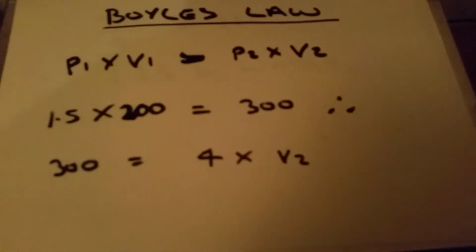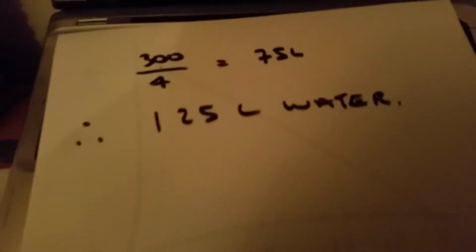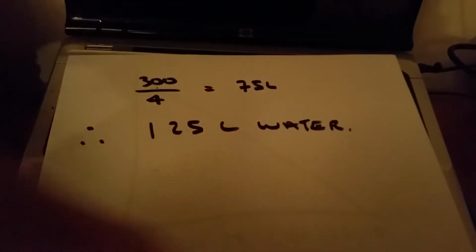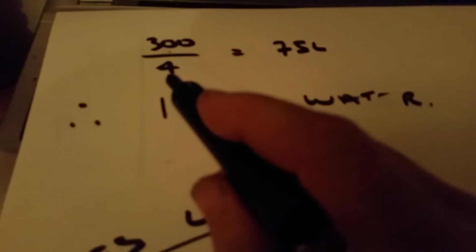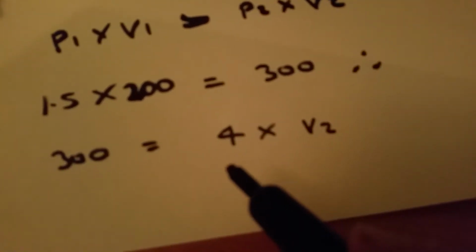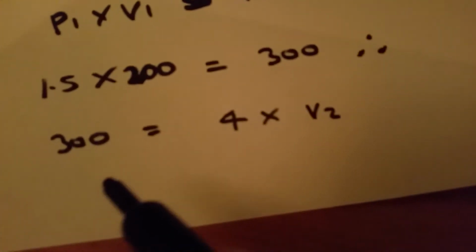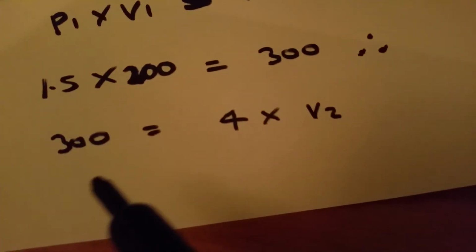Water can't be compressed. So if we then transpose that formula, we will get 300, which is our value we took from the first part of the calculation here. 1.5 times 200 equals 300. So we've got the 300, and we're going to divide it by 4. So just transposition of the formula. What we've done is divide this side by 4, divide that side by 4, these two cancel, leaving V2 this side. 300 divided by 4 equals V2.